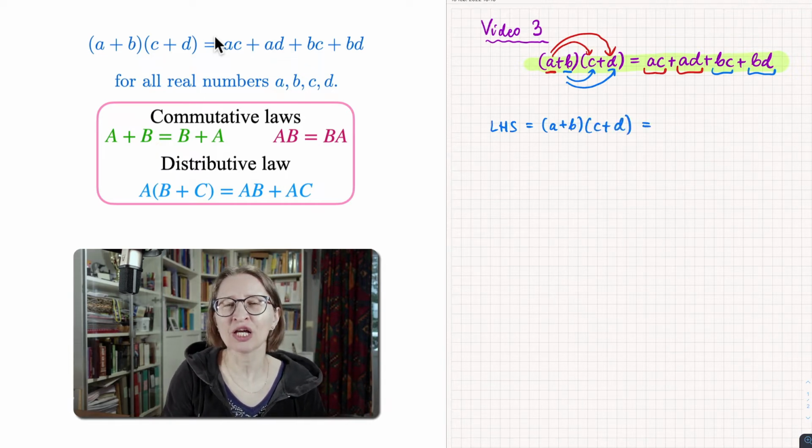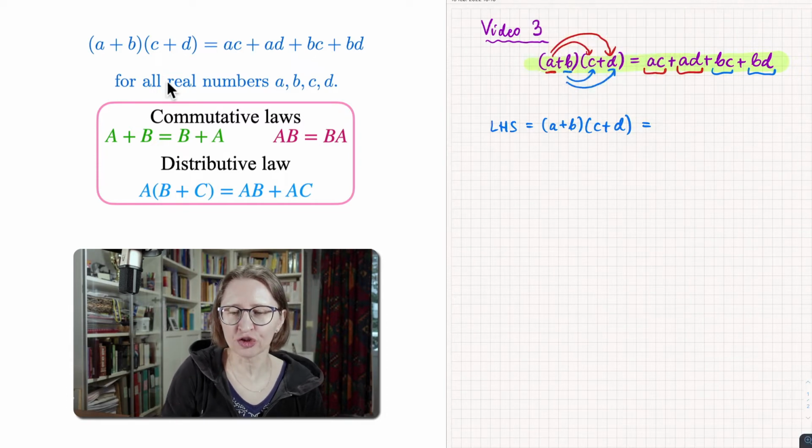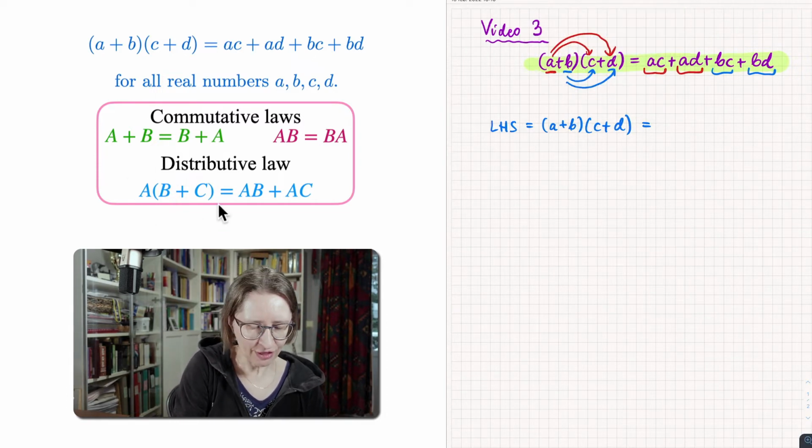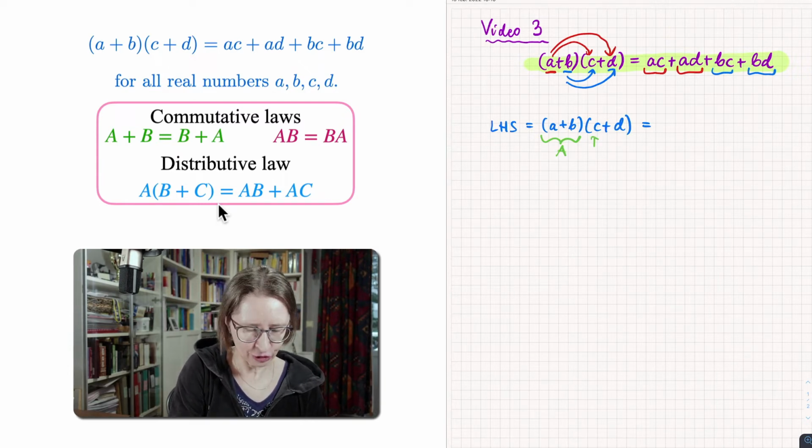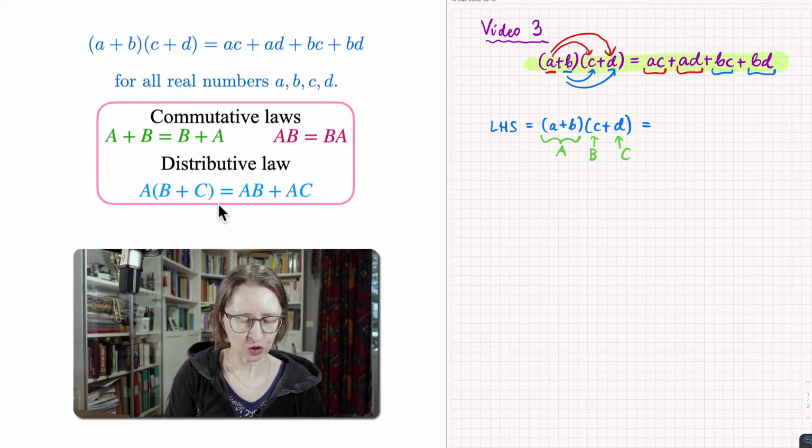And now I will use the distributive law with large A equal to this first sum, large B equal to small c, and large C equal to small d. So what does this law tell me?